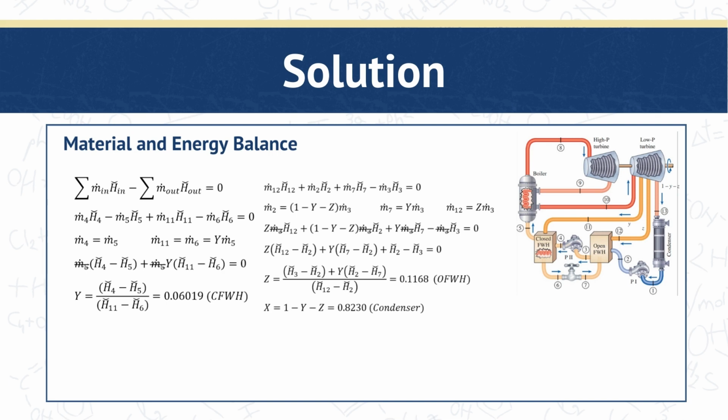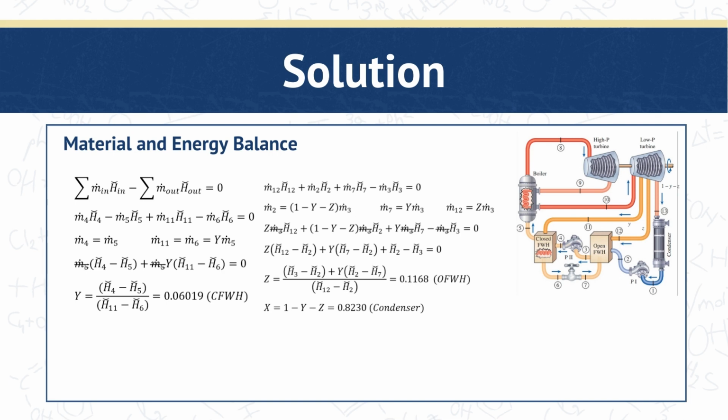So M4 is equal to M5, which is the overall stream. That is, M4 is equal to the totality of what goes in or what goes out. And M11 is equal to M6, which is equal to Y times M5. That is the fraction that is extracted from the low pressure turbine. So we can derive the formula for Y, and then from that we can calculate the fraction, which is 0.06019.